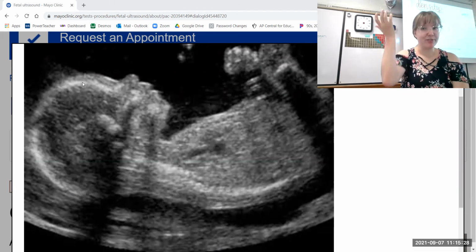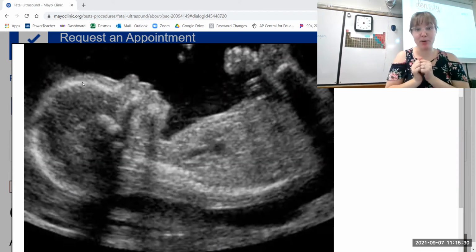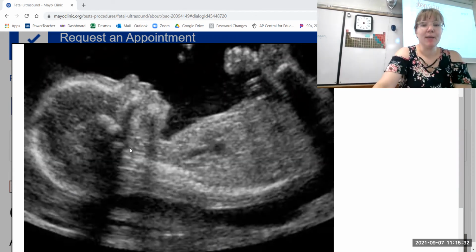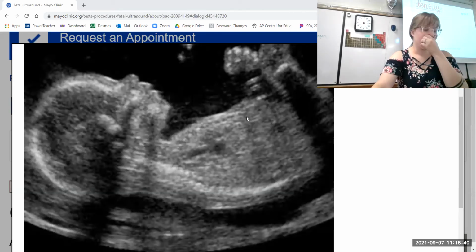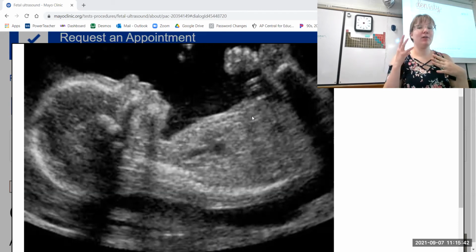Obviously the skull is really dense because it's made of bone. Also this big white line here is the spine. Again, bone, which is really, really dense. So things that are dense have a lot of mass packed into a tiny space. So let's go back to the notes.